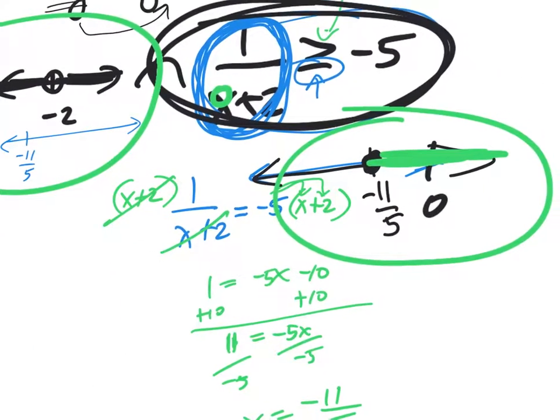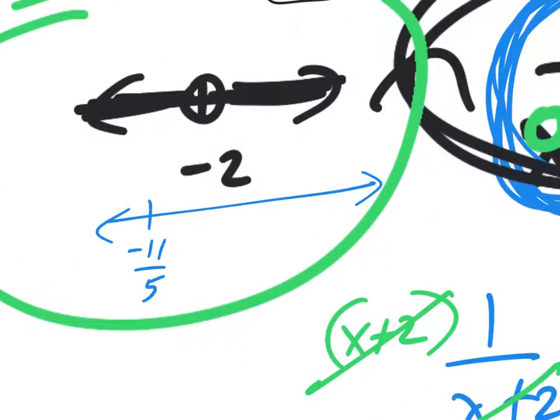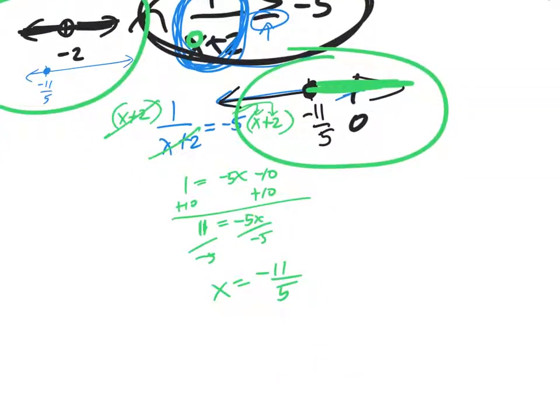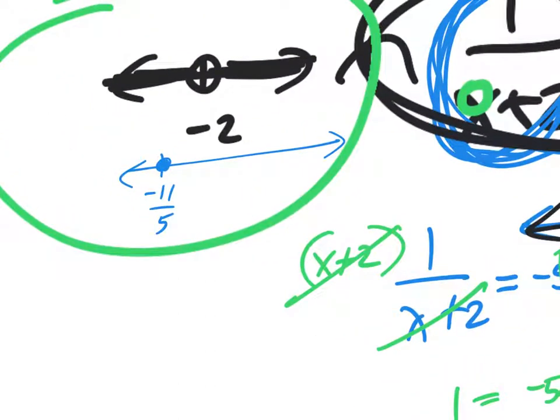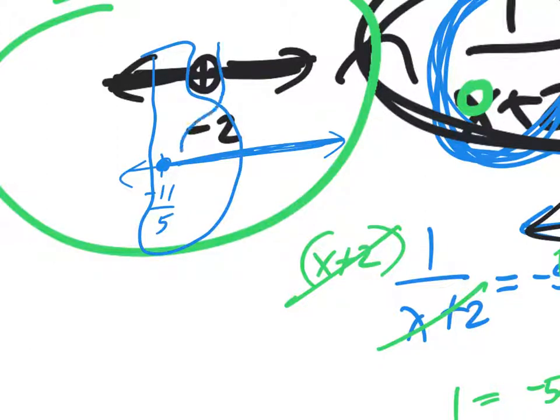Okay, and since I said that it was or equal to, this is filled in. And since I said that it had to be numbers that were bigger than that here, I'm going to shade to the right. And then your final answer is between -11/5 and -2. And then from -2 to infinity.